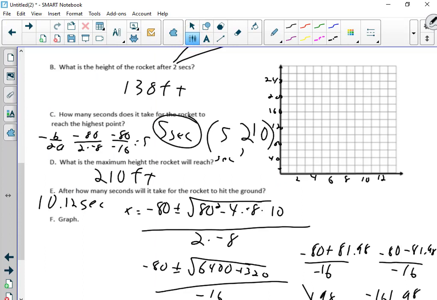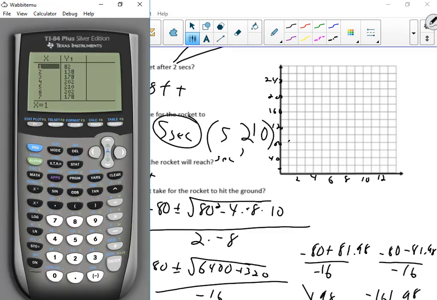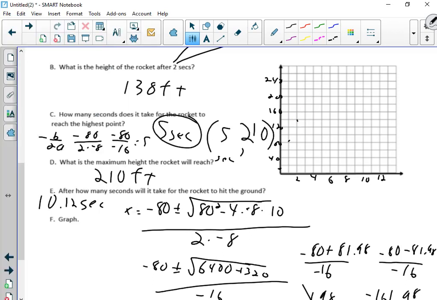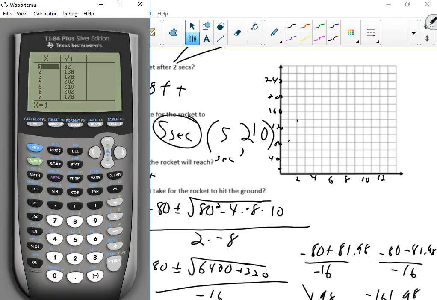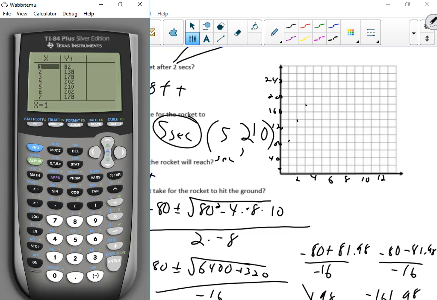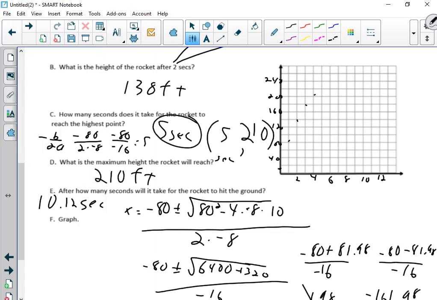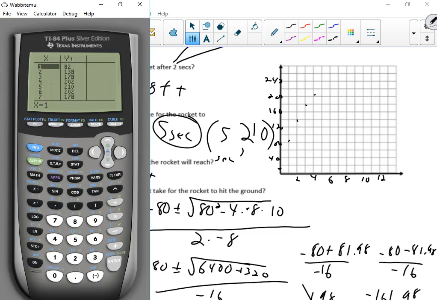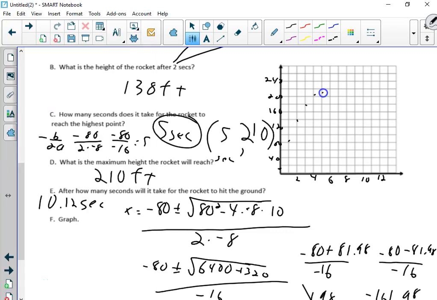So at 1 second, it was at 82, so approximately right there. At 2 seconds, it was 138, so right under 140. At 3 seconds, it was at 178, right under 180. At 4 seconds, it's just over 200. A little bit off. 5 seconds, 210. So this is 220, so at 5 seconds, it's going to be about halfway right there.